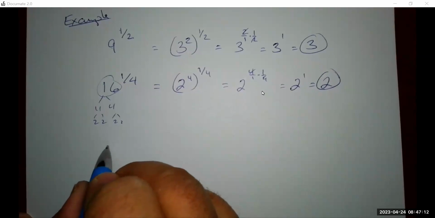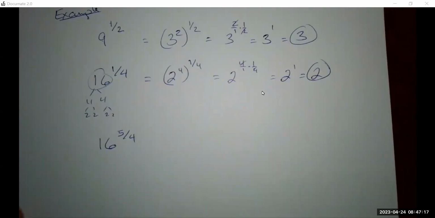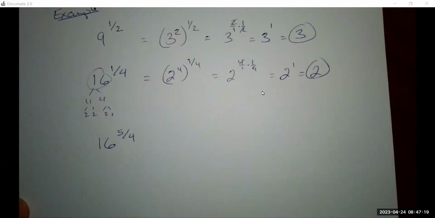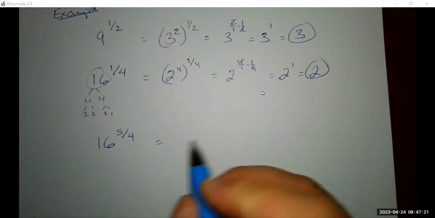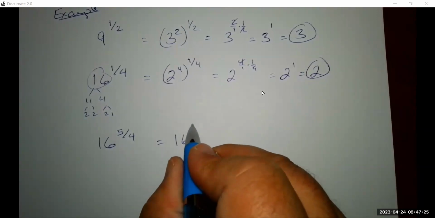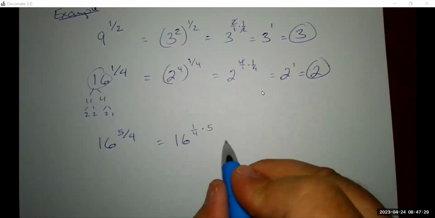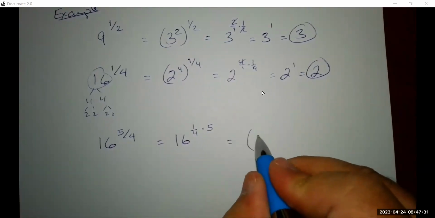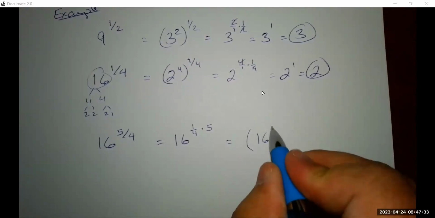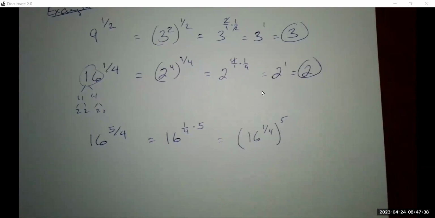Now, what if we had that? Well, that's the same as 16 to the 1/4 times 5. 16 to the power 1/4, to the 5th.